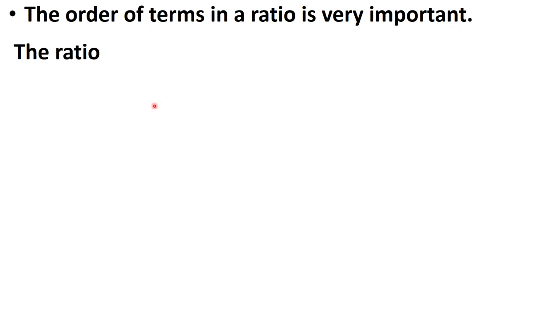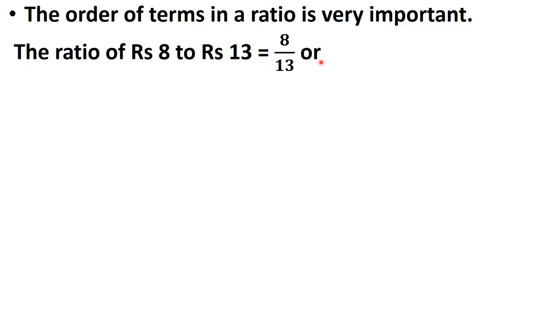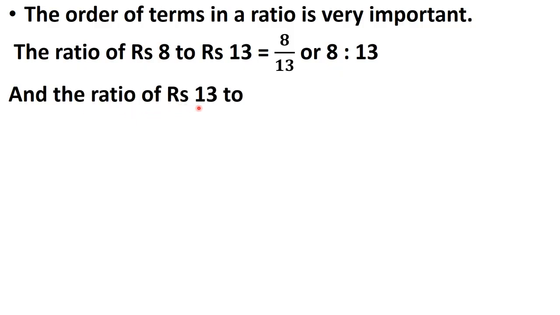The ratio of rupees 8 to rupees 13 is 8 upon 13, which is equal to 8 is to 13. And the ratio of rupees 13 to rupees 8 is equal to 13 upon 8. Now we will write 13 first, as the first term is 13. So it is 13 is to 8.